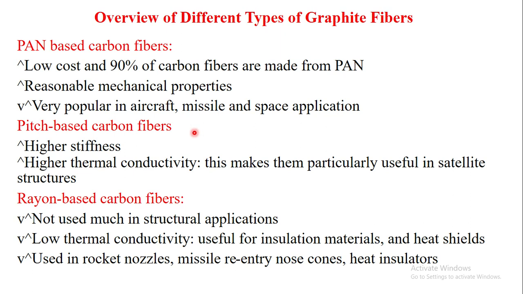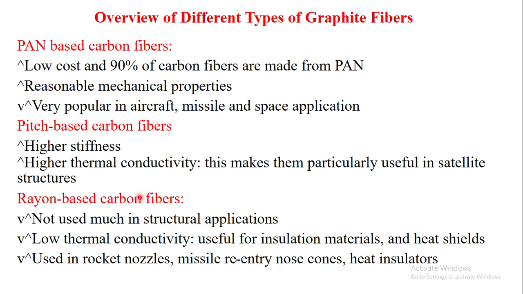Pitch-based carbon fiber is the second type of carbon fiber. It has high stiffness and higher thermal conductivity, which makes it particularly useful in satellite structures. Rayon-based carbon fibers are not used much in structural applications.